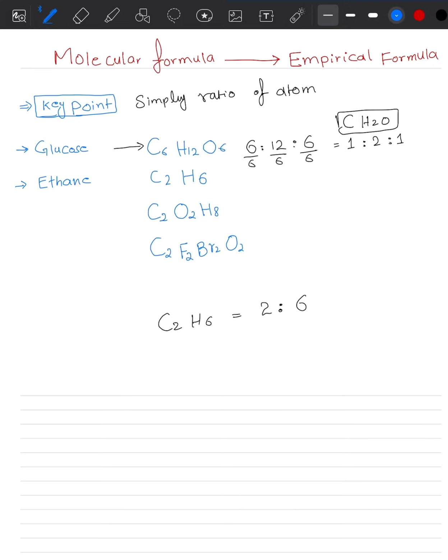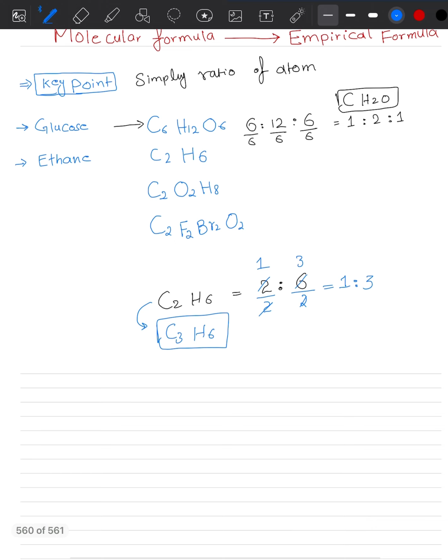We just need to divide it by the smallest number. The smallest number is 2, so we will divide it by 2. After simplification, we will get 1 to 3. So the formula of ethane will be CH3. So this is how we change molecular formula into empirical formula.